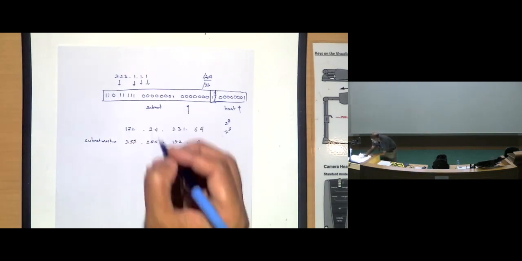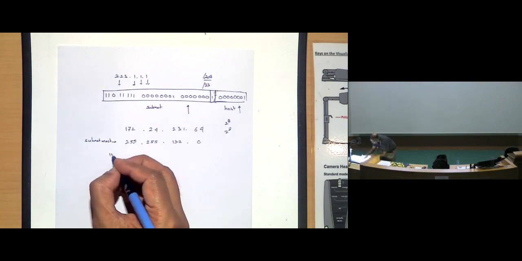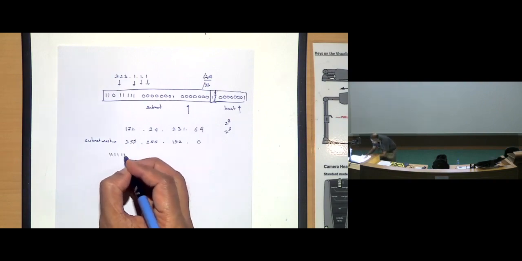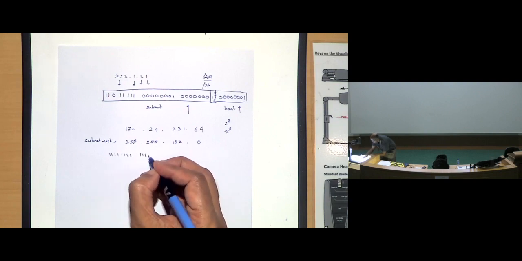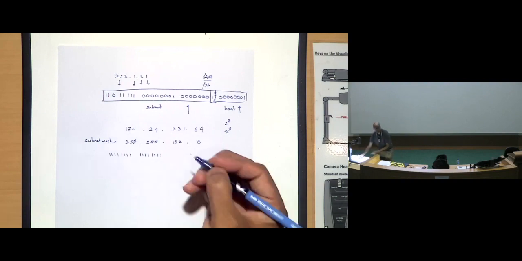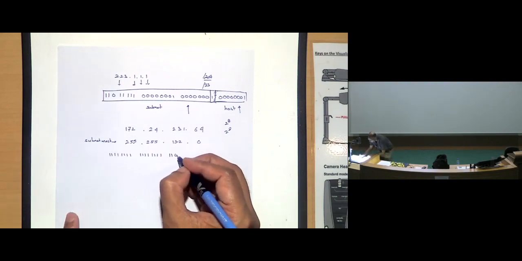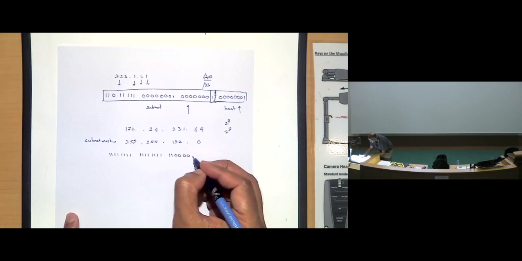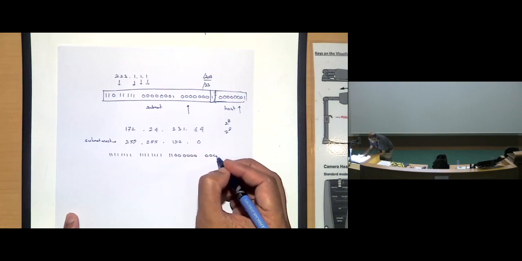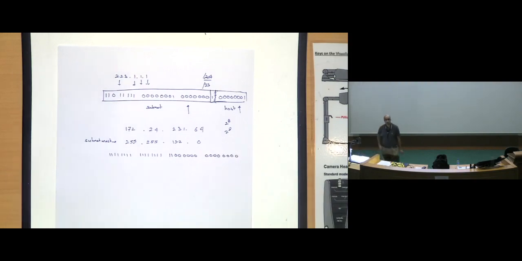So again, let's convert it to binary. 255 is all ones. This is also all ones. And now this one is 192. And this time I have checked, I think this is just 2 ones. Right, so this is my subnet mask.